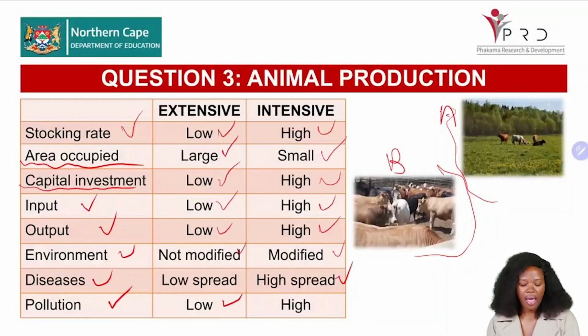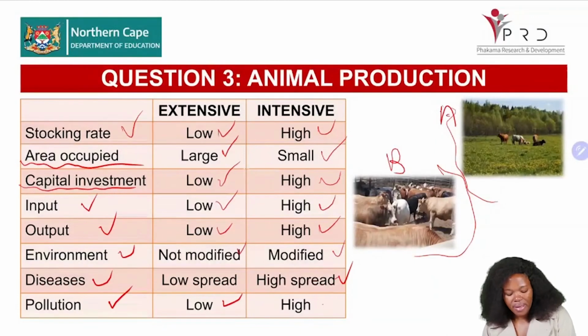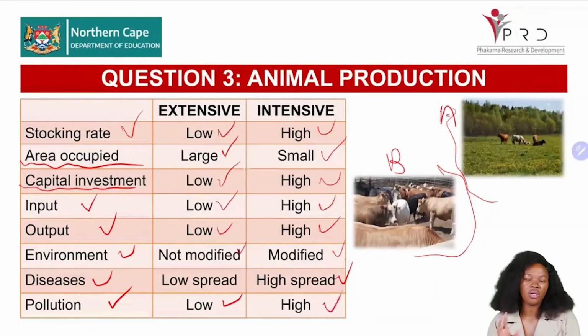But under intensive, there is high pollution, or it damages more of the environment, simply because there is high consumption or use of chemicals. So this is how you compare extensive and intensive, or this is how we raise farm animals under the extensive and intensive production systems.